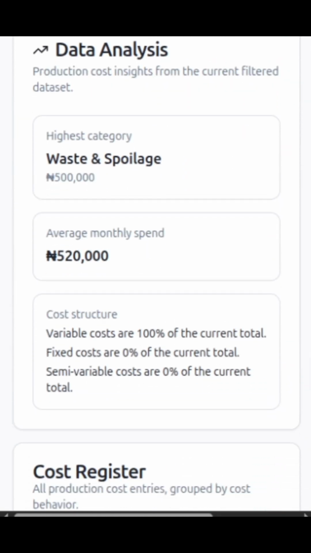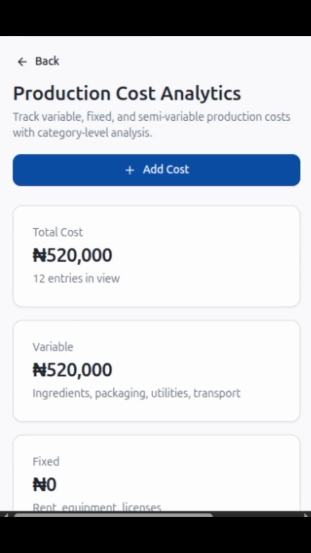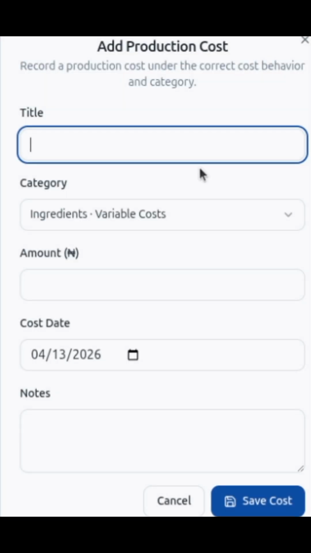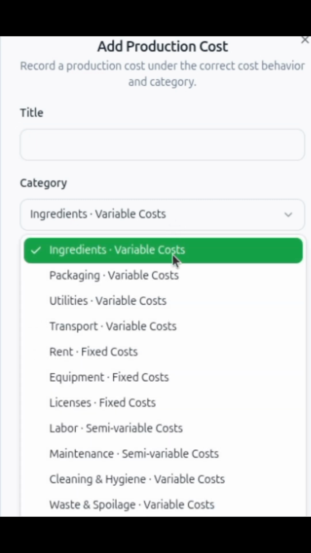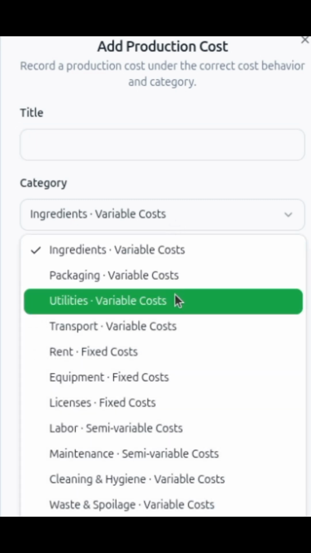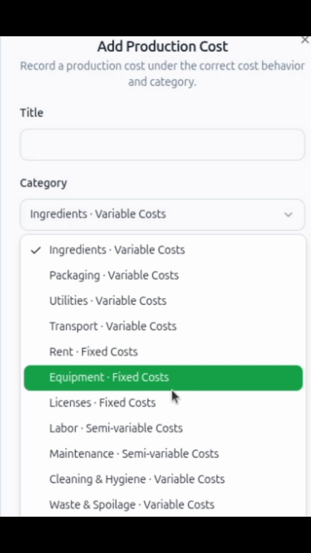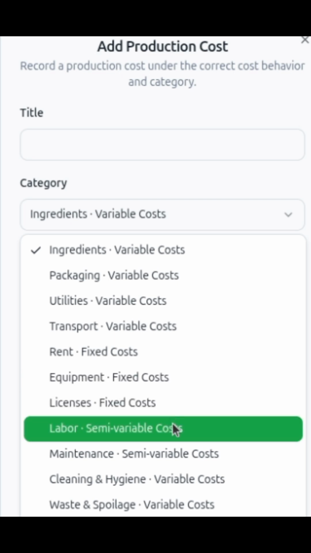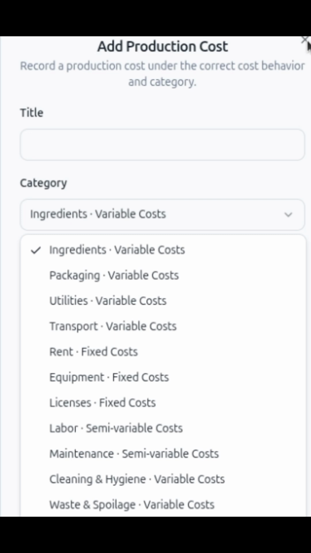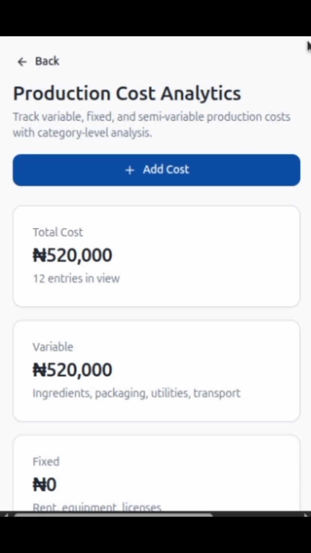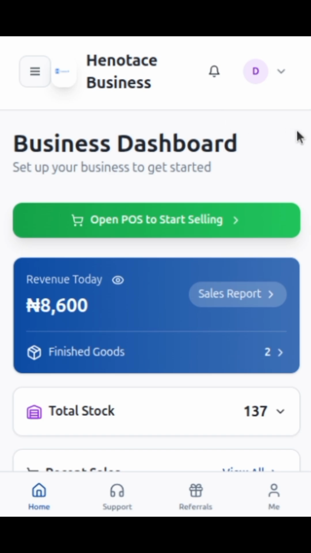We have three categories mainly: the fixed cost and the variable cost. We have utilities. You can choose different things that you use for production and have them in production cost. That's very straightforward and simple to understand. So you can see your total production cost and the cost analysis.